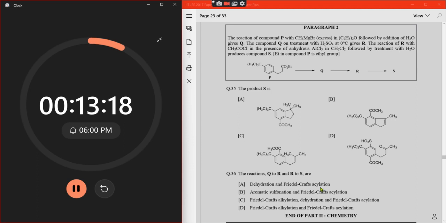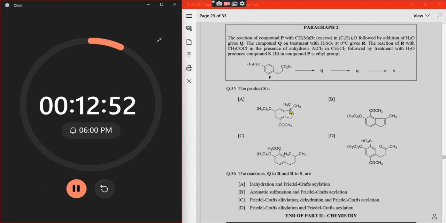Yeah, it has to be Friedel-Crafts acylation, which is in all of the options anyway. So what's S going to be? How did this get here? It's probably just this thing, right? C looks good. Why is it coming here? Because this is already sterically hindered, so that should not be happening. Oh, you are forming that. Okay, as I thought.